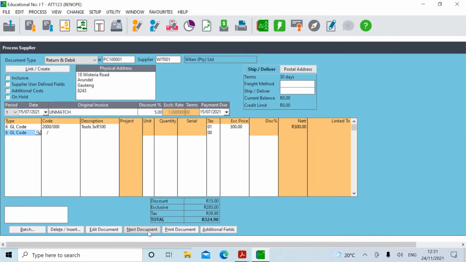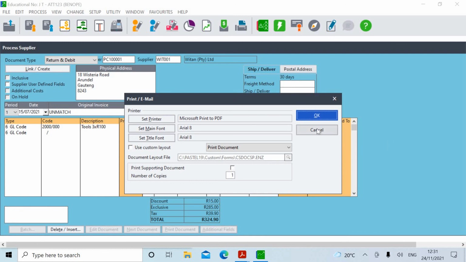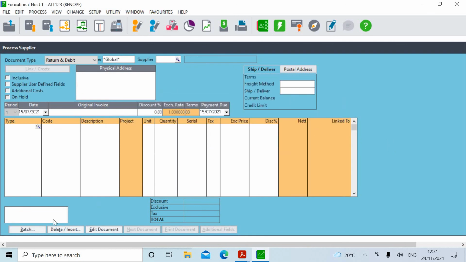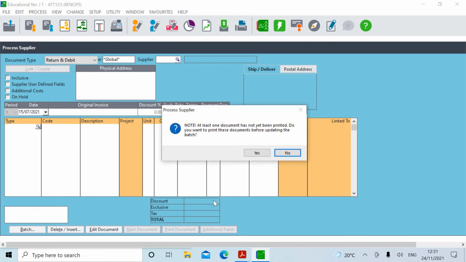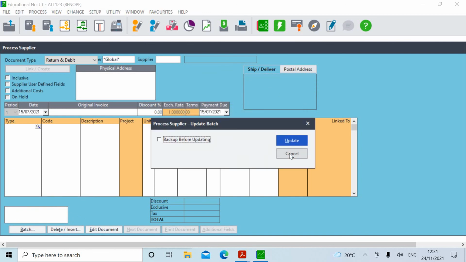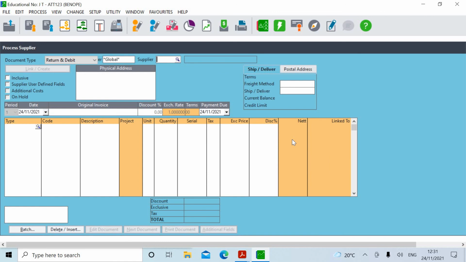We can complete the supplier credit note, return and debit, by selecting next document, cancel the printing, go to batch, because we have completed the one supplier credit note, return and debit, batch, update, so no to printing again, and select the update button, and that is our Task 7 complete, and the end of this recording.